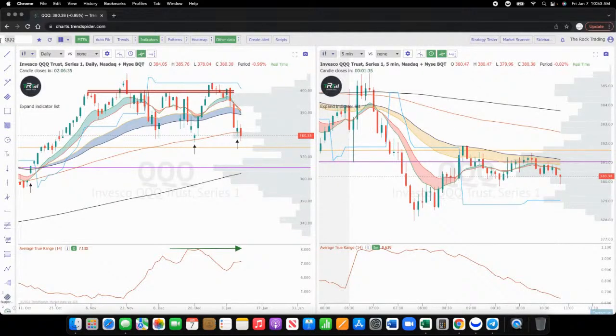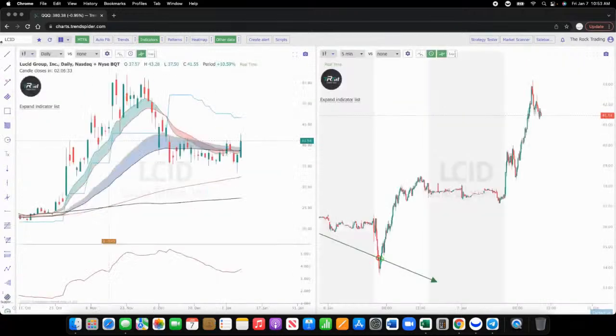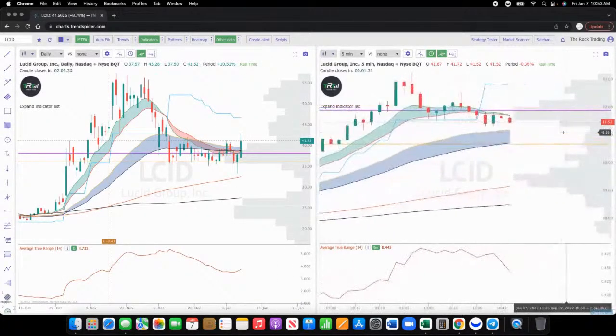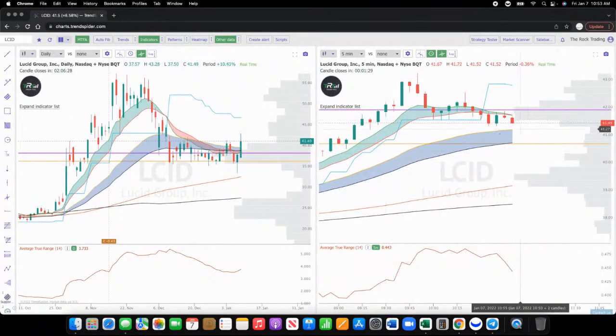Okay, let's go over to, for example, let's talk about Lucid right now. I know Lucid is running up right now on the 5 minutes, taking a dip from $43. So this is a trailing stop here. If you're in, let's say, calls, you need to be selling here. Well, you should have gone short.